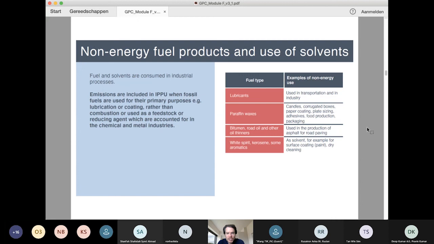And then finally, white spirit, kerosene, and some aromatics, where they're used as solvents, for example, for dry cleaning or paint thinners. So again, think about the use of the product, and if it's not combustion but it's used as a product, then it should be reported under product use.